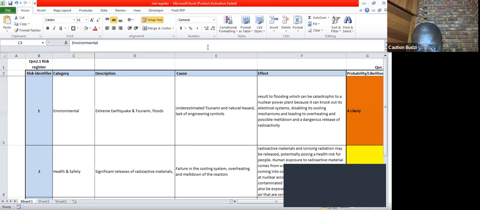On the likelihood. The likelihood is basically the probability of the risk occurring. So we are given the risk matrix on the last page of the question. So we are just using that risk matrix to come up with the different probabilities and different impacts of the identified risk.